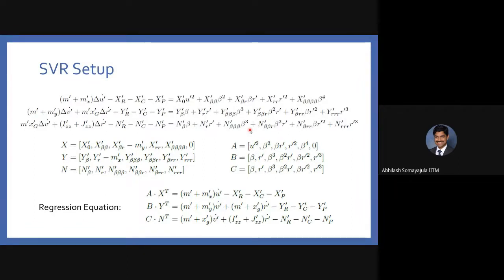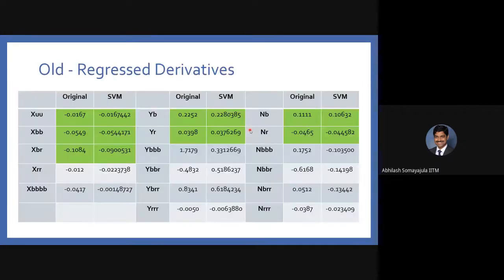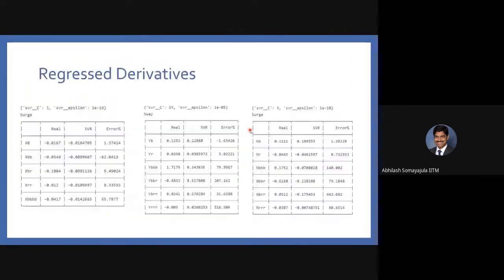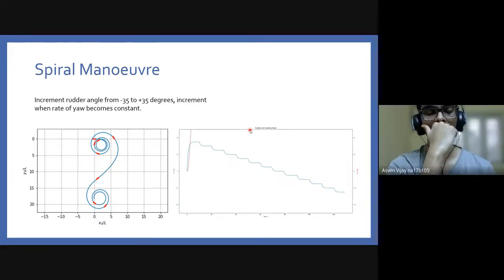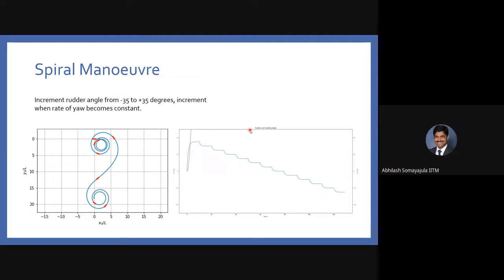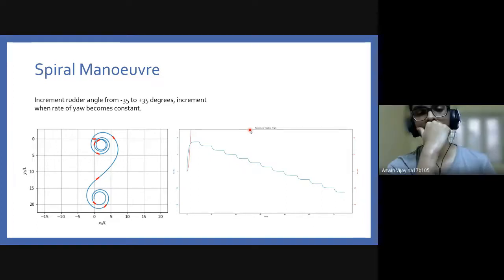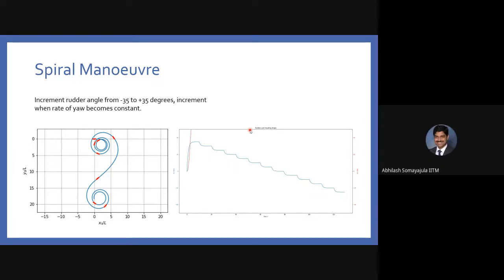Instead of doing the spiral test where you were decreasing it in increments of 5, minus 35 to 35, you start at minus 35 and move to plus 30. From there you move back to minus 25. That will increase your transient time on the trajectory. It won't settle into a steady state so quickly. It will take longer to settle because it is turning one way and I'm suddenly asking it to turn the other way.